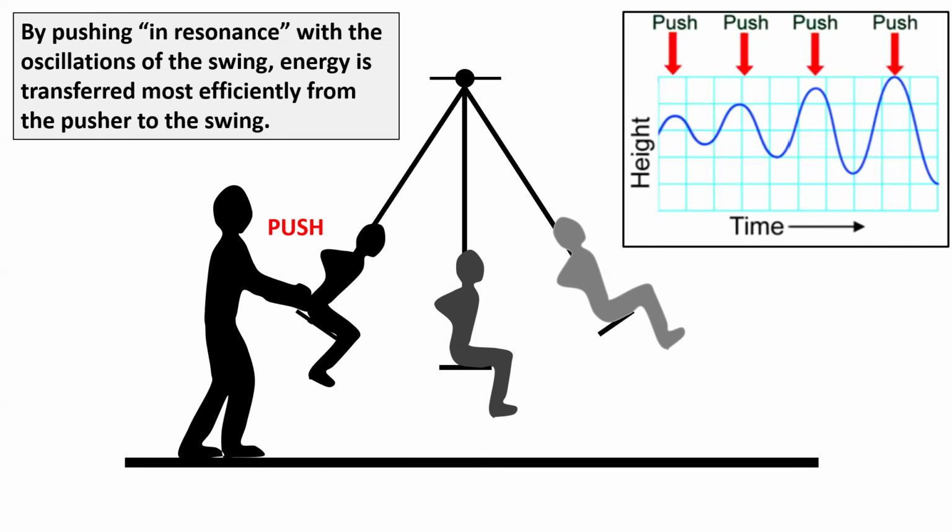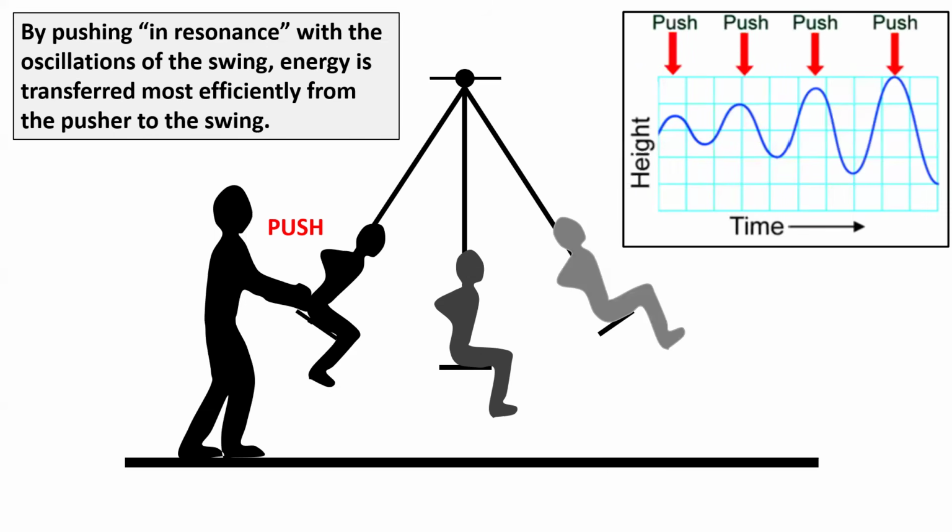And if I do that, I will transmit energy and I will push my child higher and higher with each swing. This is resonance, and we use that to push the protons, which are precessing with the Larmor frequency, out of the longitudinal plane.